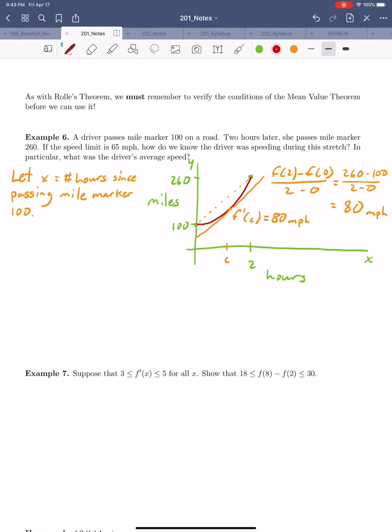Let f(x) equal the mile marker at time x, so to speak.